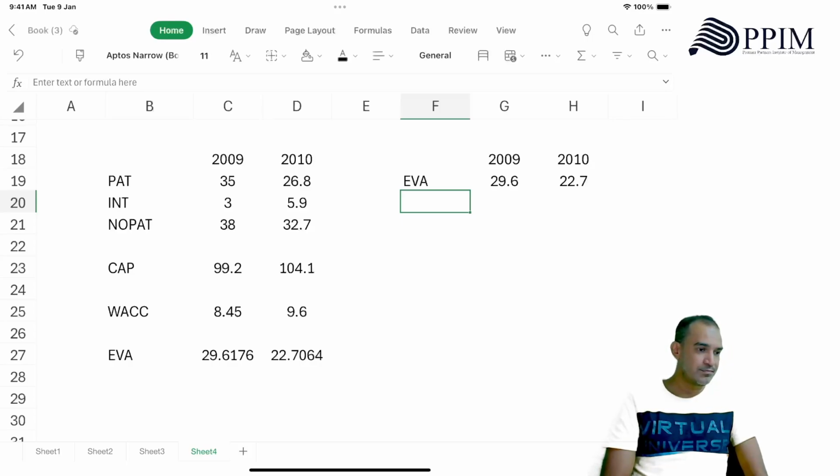Number two, there are no non-cash expenses to adjust in the profit figure.